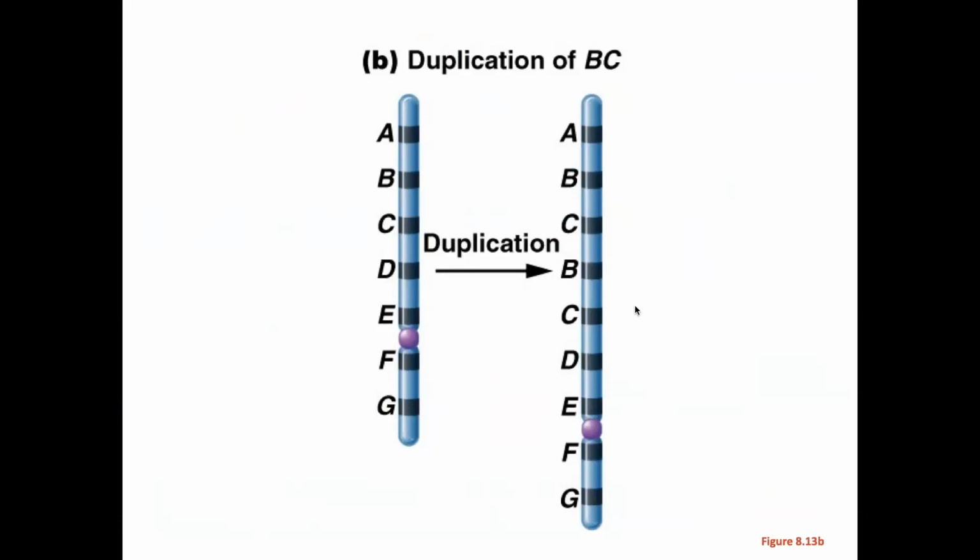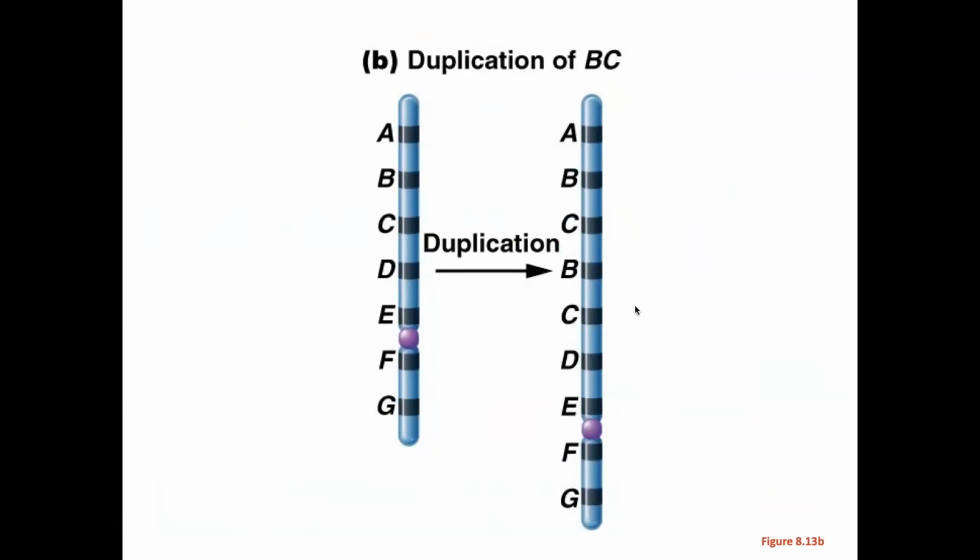So you can think of duplications and deletions as partial aneuploids. Again, remember with aneuploids, you were either missing entire chromosomes or you had extra copies of entire chromosomes. In this case, you're either deleted, deficient for a portion of a single chromosome, or you carry extra genetic information within it, the duplicated version of the chromosome.